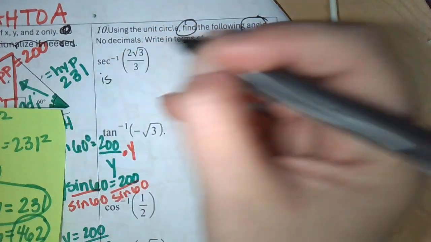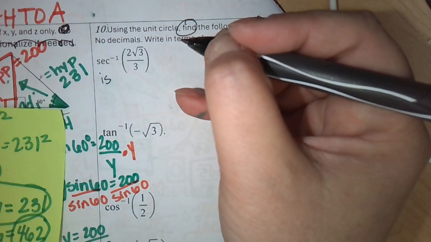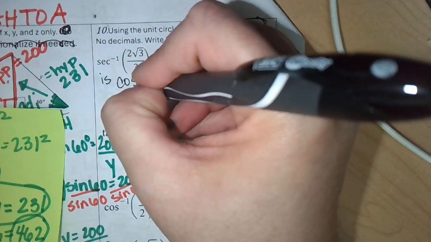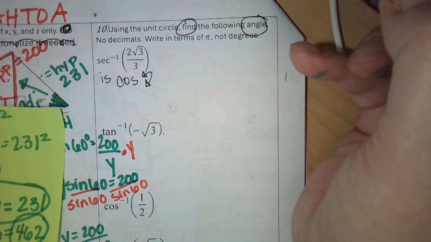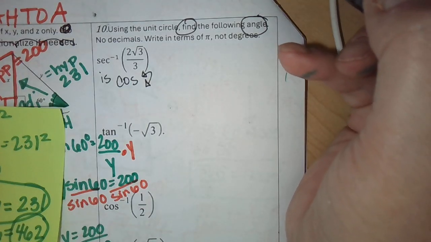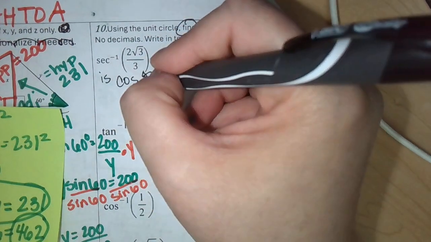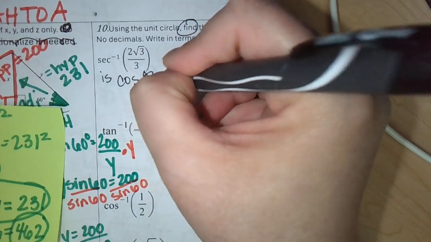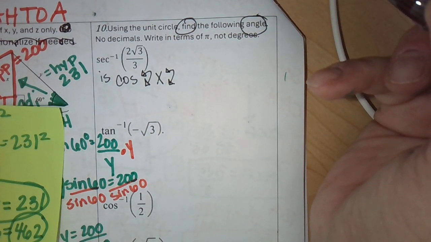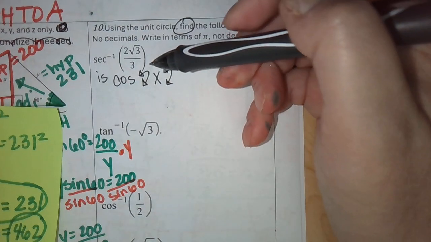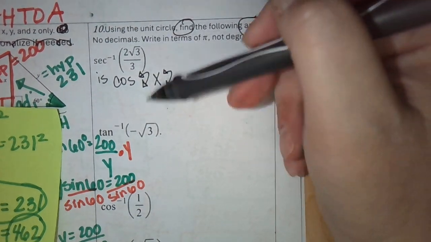Secant is the reciprocal of who? Cosine. So secant is cosine upside down. On the circle, cosine is x. So let's find the angle that when I flip its x value from the circle, I get this nasty thing of 2 square root of 3 over 3.